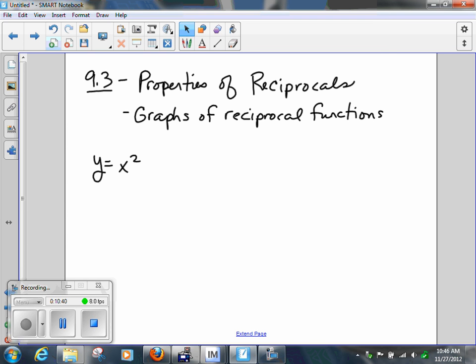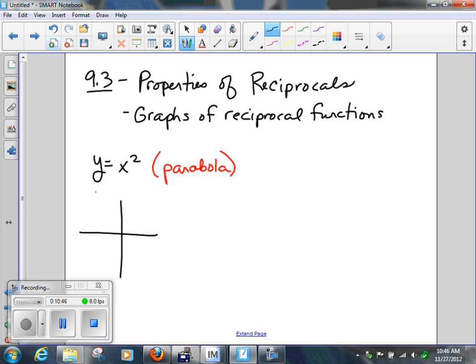We would get a parabola, and that parabola would cross there at the origin. Do you agree? How would we verify it? Come on. We would never draw that on paper. We would never set up an XY table. We would throw it in a calculator.